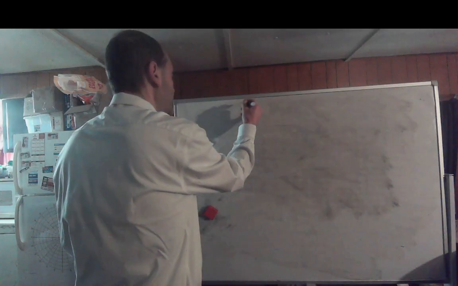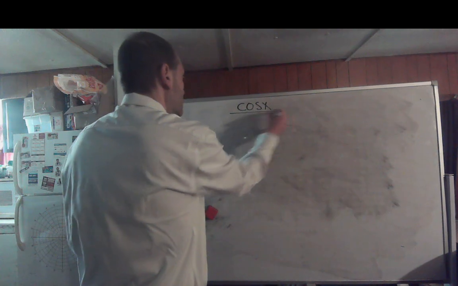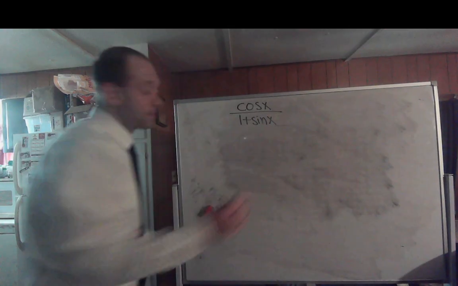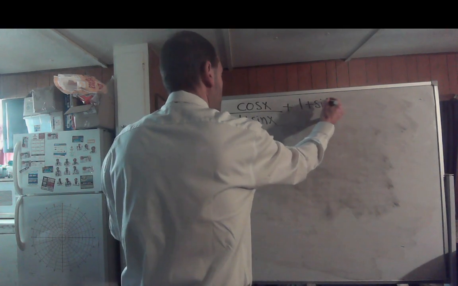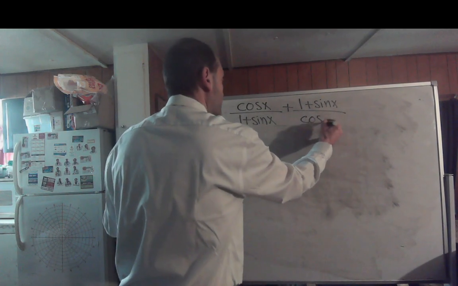Alright, so let's see, we have the cosine of x all over 1 plus the sine of x plus 1 plus the sine of x all over the cosine of x.